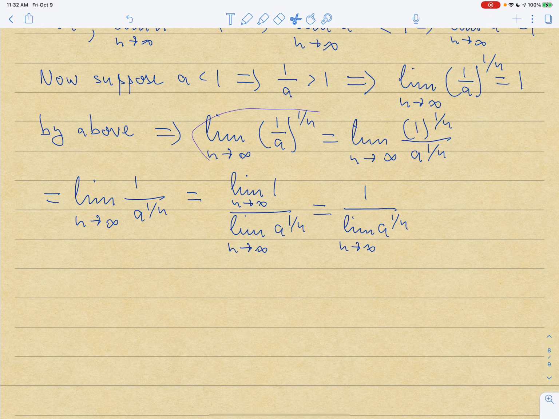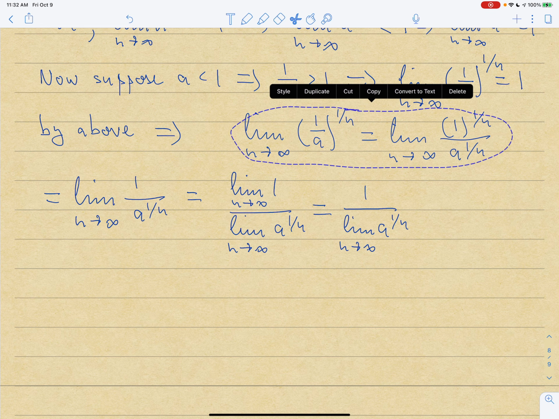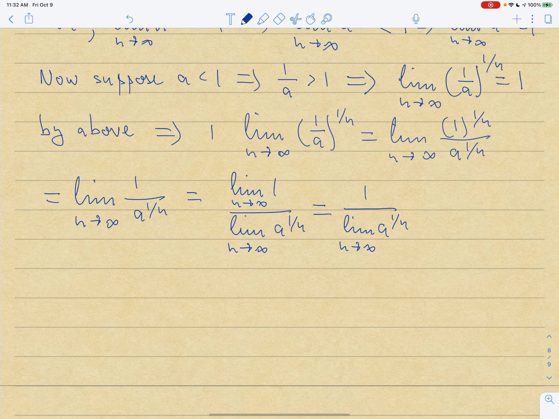So let me actually stick it in here. And so by solving the equation 1 is equal to 1 over the limit of a to the power 1 over n, that gives me that the limit as n goes to infinity of a to the power 1 over n, when a is less than 1, is also equal to 1. And so we're done.